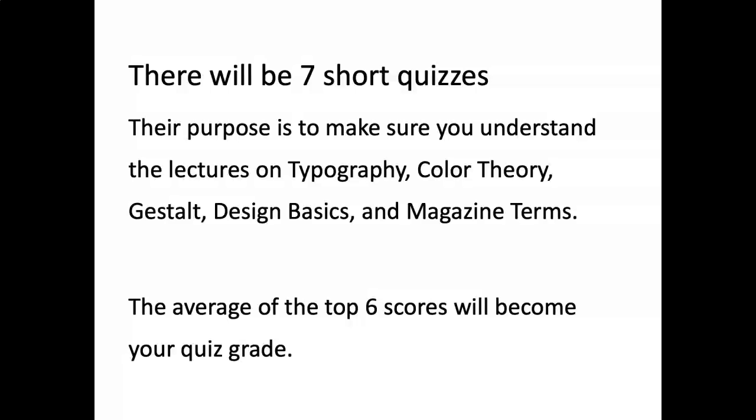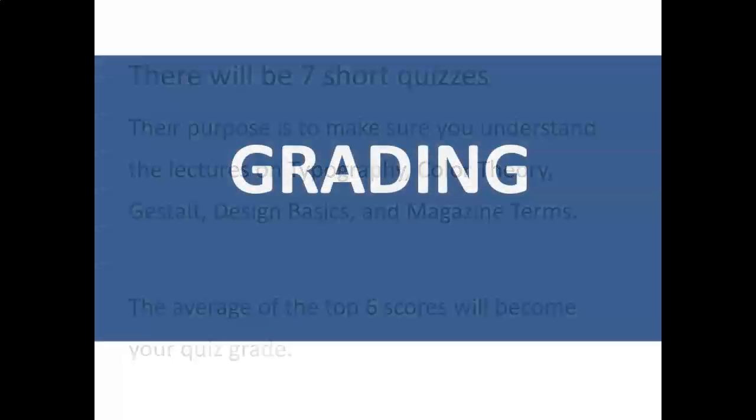Their purpose is to make sure that you understand the lectures that I just gave you on typography or color theory or design basics, any of those things. Now, at the end of the semester, I will drop whatever your lowest quiz grade is. So the average of your top 6 scores will become your quiz grade. So how does that factor in?